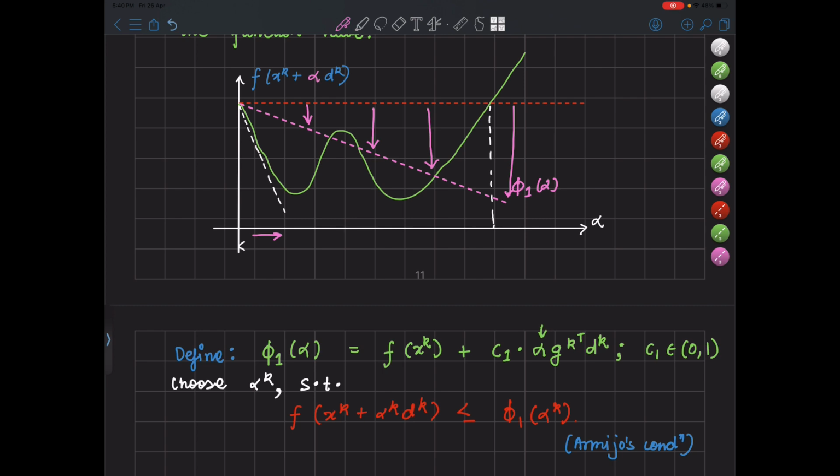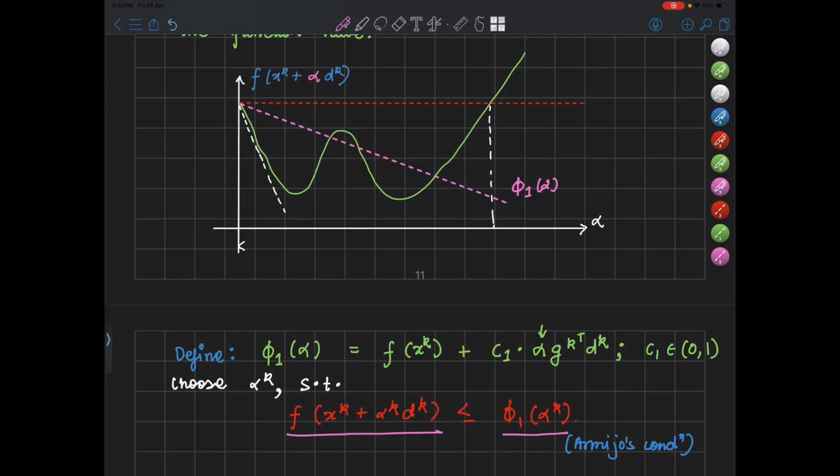The decrement is assumed to be linear, and it is saying that as alpha increases, the decrement in the f value should also increase, and for any value for which f(xk+1) is less than this function value, you can take that alpha.